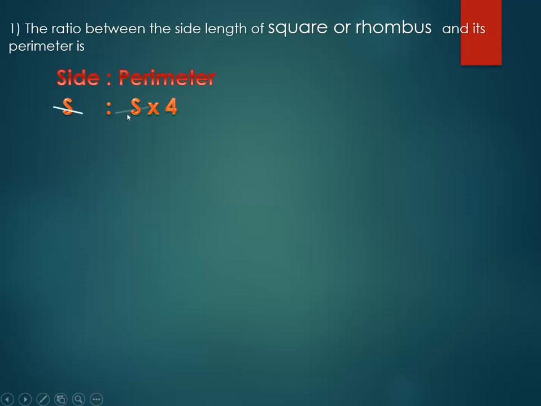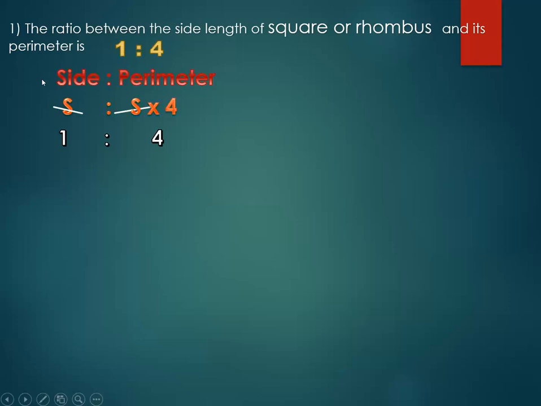So we are going to cross out, or remove, side and side. If I remove it, we replace it with 1. It will be 1 and 4. So the ratio between the side length of a square or rhombus and its perimeter will be 1 to 4.